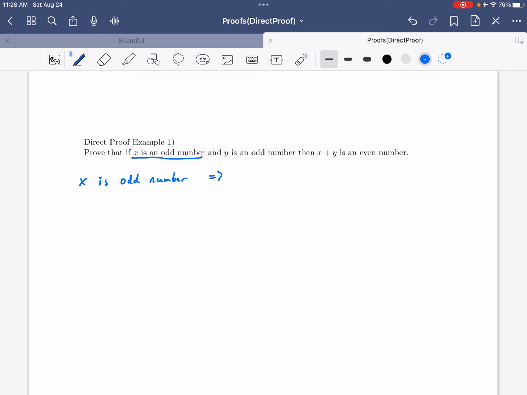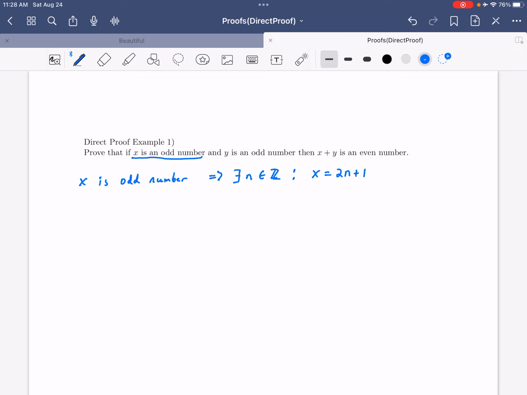So we would write this, and this is going to use some of that notation we covered in that introductory proof video. This means there exists a number which is an element of the integers. So there exists n, which is an element of the integers, such that x equals 2n plus 1.